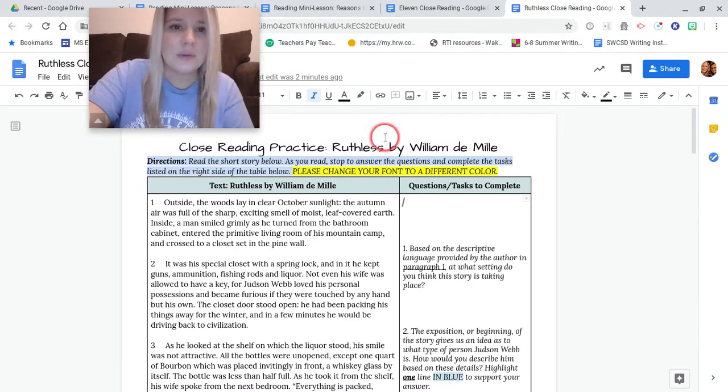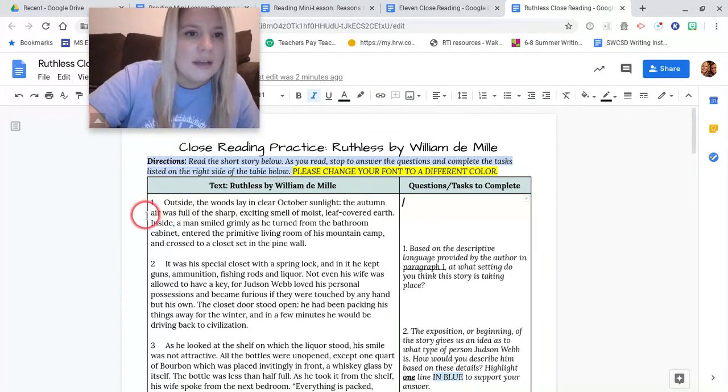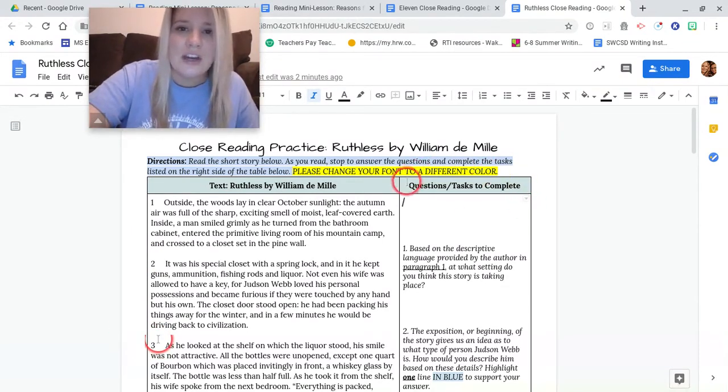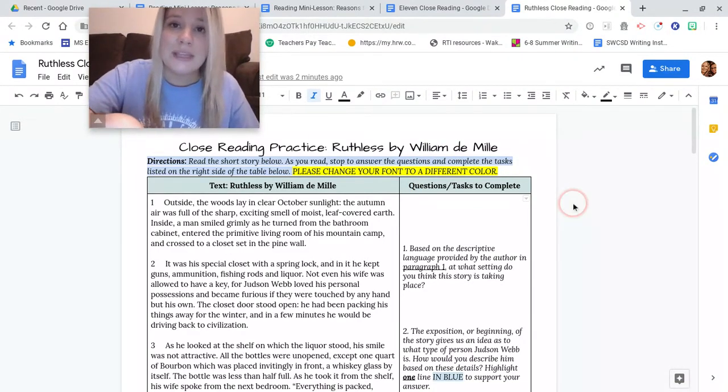In this story here, notice I have put all of our paragraphs as numbers. And you're going to notice over here on the side, there are certain questions that you're going to have to answer and or tasks that you're going to have to complete while reading today to show me that you're following along and understanding as a close reader.